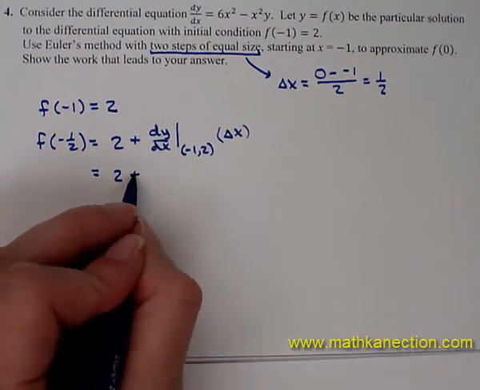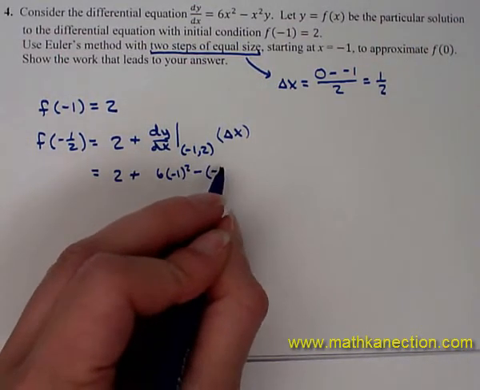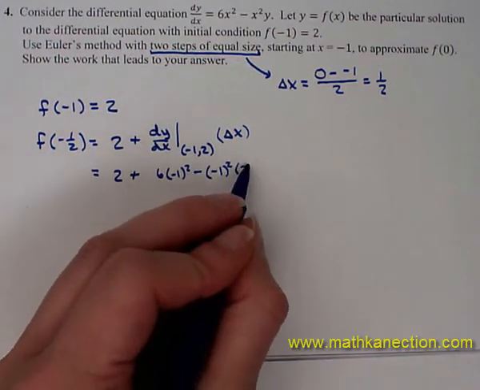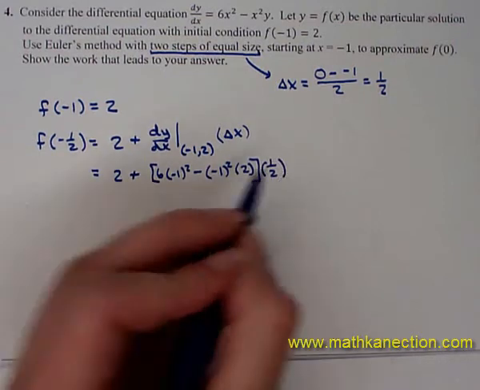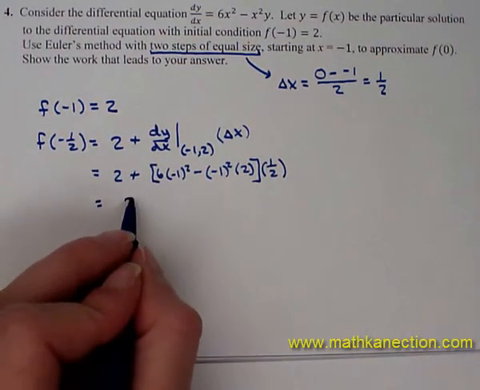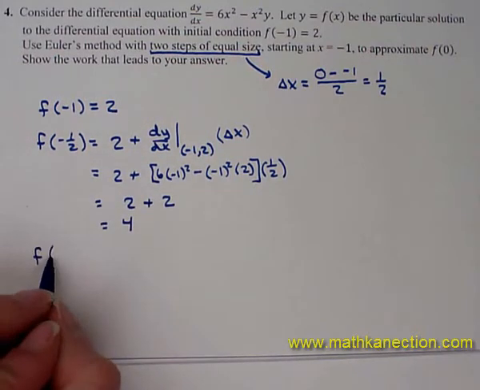So the y value of 2 plus the slope at (-1, 2), and then multiplied by the delta x of 1/2. So f of -1/2 is equal to 4.